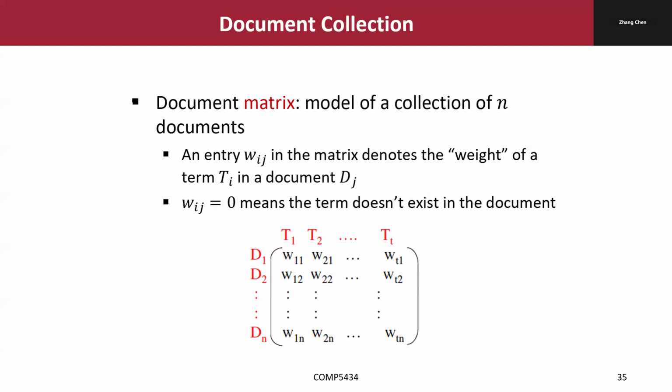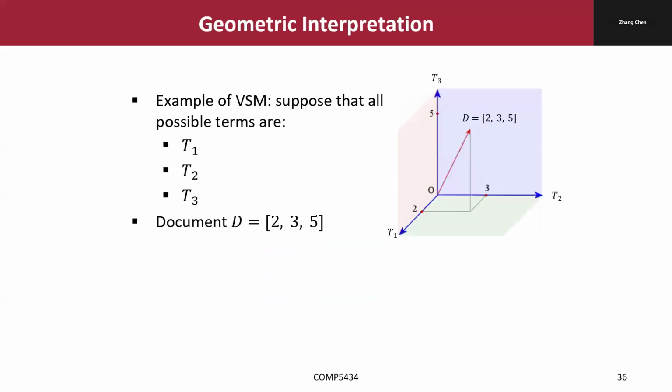Usually we have many words, so it's high dimensional, but we cannot easily think of dimensions beyond 3. So let's think about a geometric interpretation in 3 dimensions, because we can easily understand 3 dimensions. For example, for vector space modeling, suppose the world includes only 3 terms: T1, T2, T3.